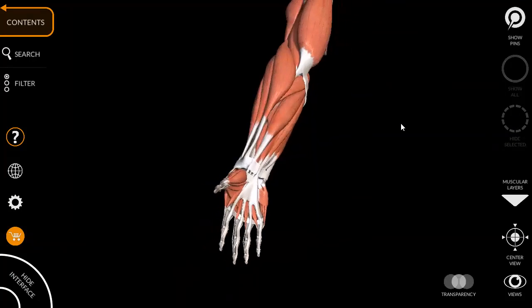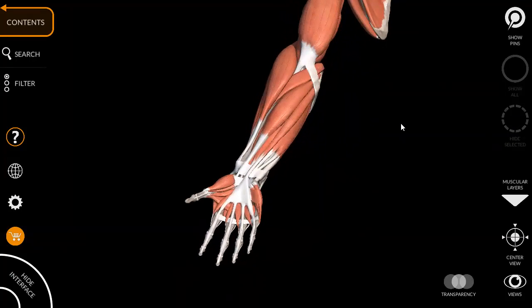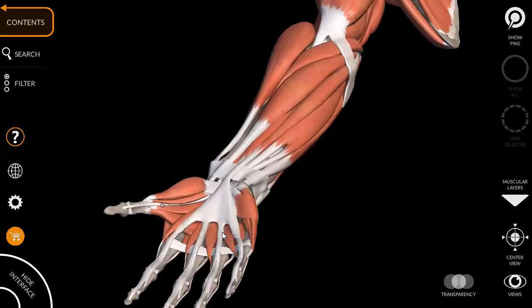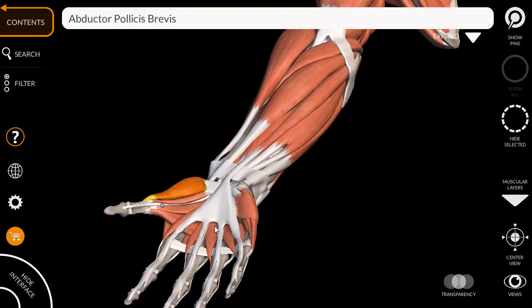Okay, so we go back to the muscles. We'll do this one as the last tutor section. Finger muscles. These are called the thenar muscles. What they do is move your thumb.